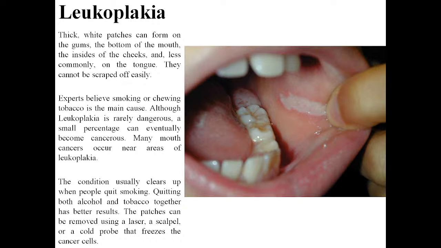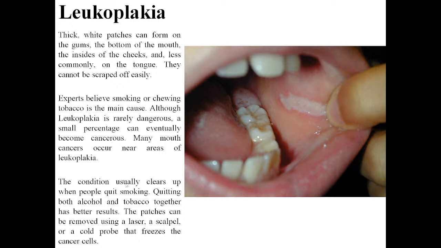They cannot be scraped off easily. Experts believe smoking or chewing tobacco is the main cause. Although leukoplakia is rarely dangerous, a small percentage can eventually become cancerous. Most cancers occur near areas of leukoplakia.